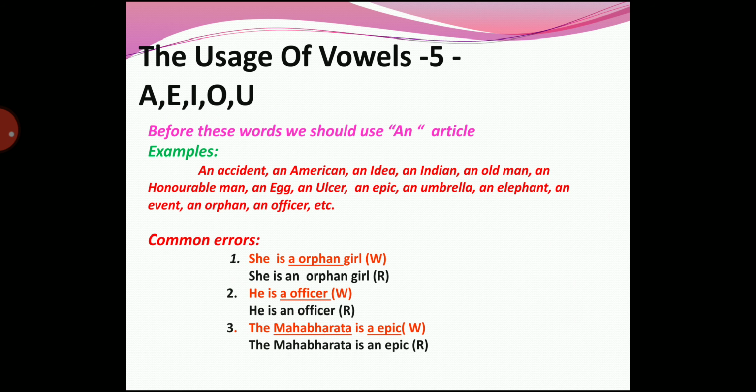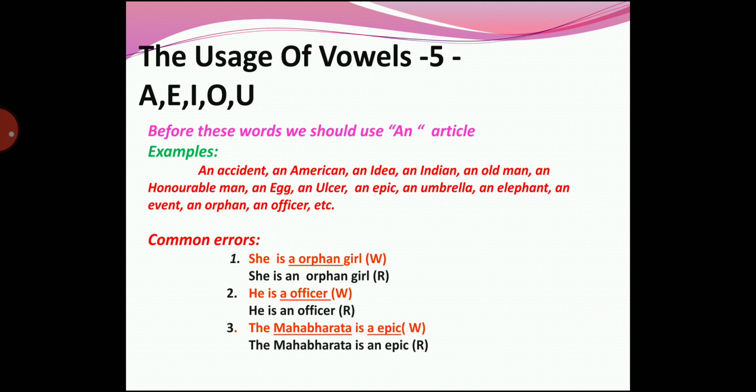The second rule is very important: the uses of vowels, A, E, I, O, U. Most of them will make mistakes, so you should be aware of all these things. There's a lot of confusion.